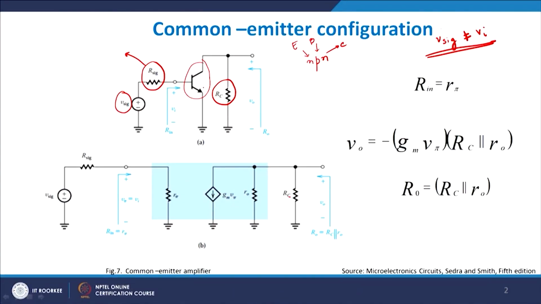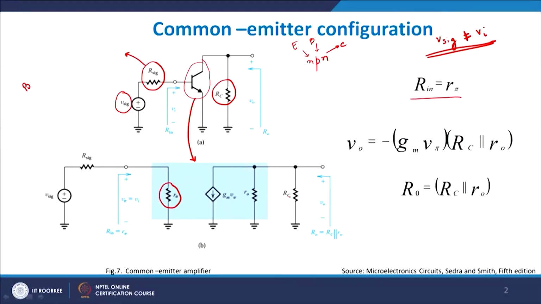So, this BJT is broken up into an equivalent small signal model, as you can see in the blue box here, where R_pi is nothing but the value of R_in, the reason being R_pi is the resistance of the base-emitter junction.